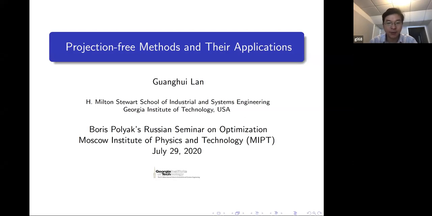Many of my research had roots in the Russian research community, so I feel privileged to give a talk here. Today I'm going to talk about projection-free methods. I'm going to start with the basic and classical conditional gradient methods, and then present some of our recent research results in this area.